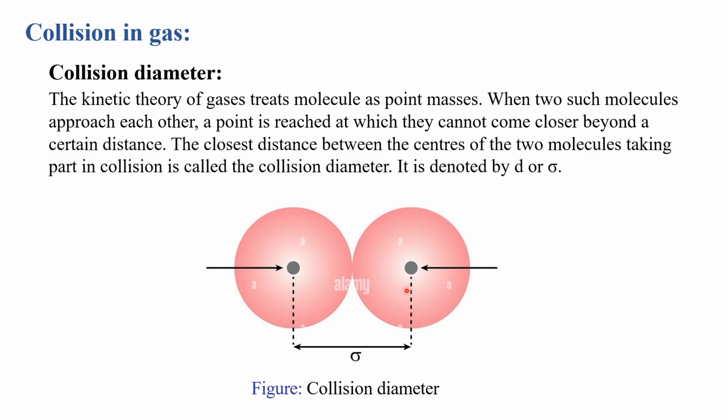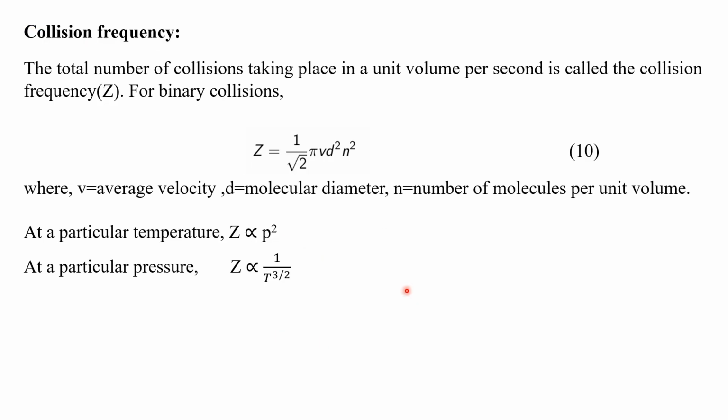This is the collision diameter. So what is collision frequency? The total number of collisions taking place in a unit volume per second is called the collision frequency Z. For binary collision, Z is 1 by root 2 times pi v d square n square, where v is the average velocity, d is molecular diameter, and n is the number of molecules per unit volume.